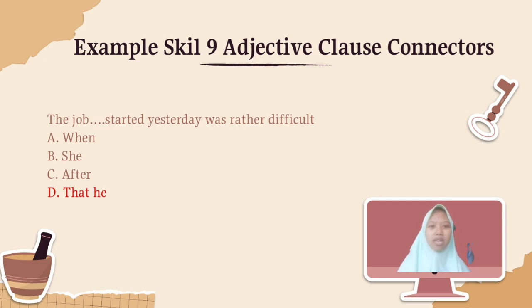A. When is a connector but not a subject. B. He is a subject but not a connector. C. After is a connector but not a subject. D. That he is a connector and can be used as a subject. So, the correct answer is D.